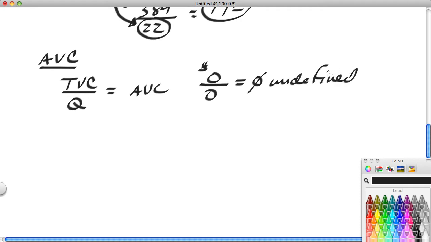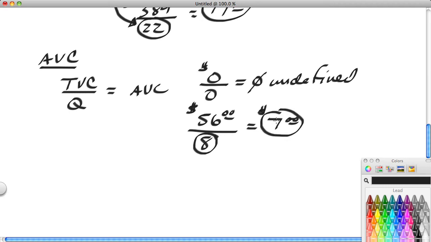Any number, even 0, divided by 0 is undefined. Let's go down to the next possible choice. Let's say that we add 1 worker to the operation. We produce 8 units. That worker costs us 56. We divide that by 8. What do we get? We get an average variable cost of $7. So each of those 8 units on average cost us $7.